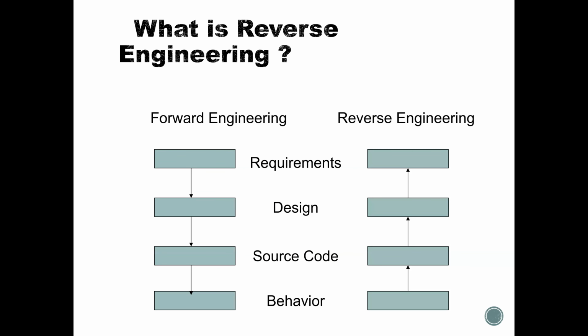However, reverse engineering starts from the backside of the waterfall, or forward engineering. We are going to have certain behavior with us. Now, based on that behavior, we want to get into maybe the source code, or the design, or the requirements.